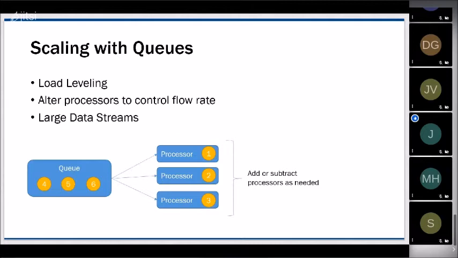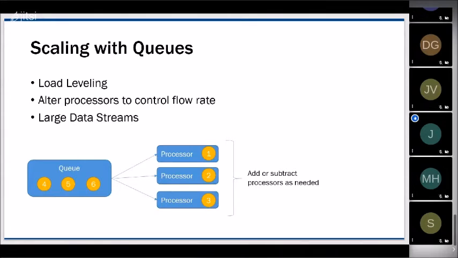It gives us the ability to load level, so we can easily scale up and down. Or even if we don't scale up and down, we don't have a situation where we DDoS our downstream process, because it's pulling from that queue. It's only taking as much as it can currently process. So instead of getting overwhelmed by a single big chunk of load, that process can handle things one at a time, which is really nice for processor intensive things.